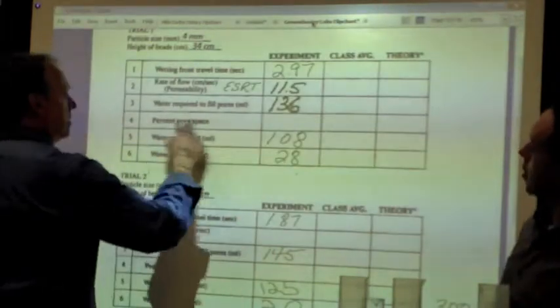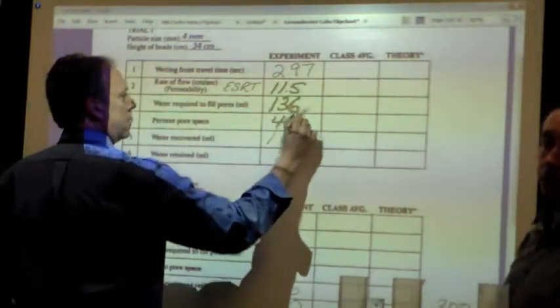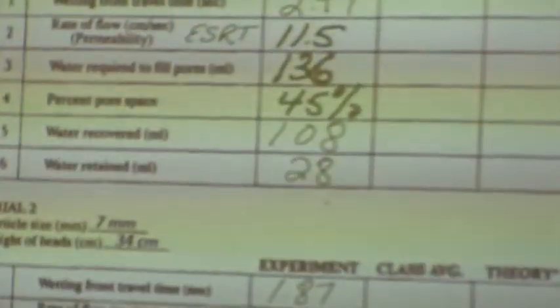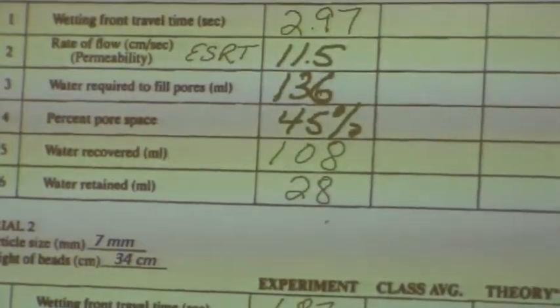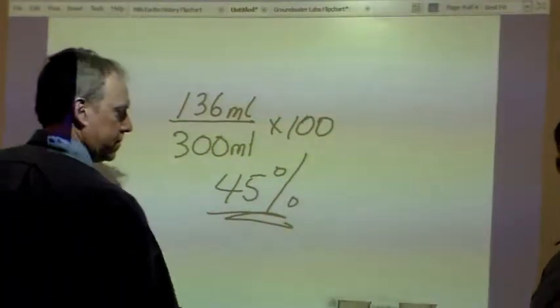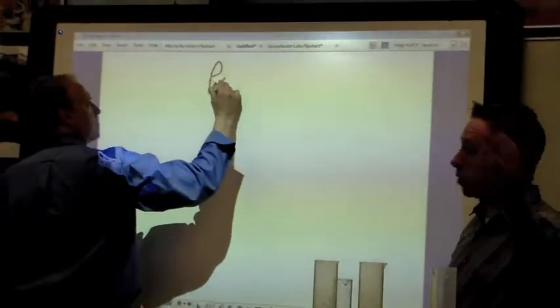Mr. Reiner, I think the best way to think about that is your part over total times 100. The amount of space it took to fill those pores divided by the total volume we used, times 100.